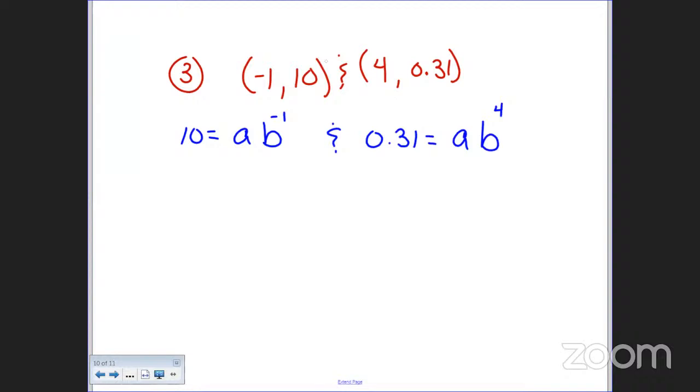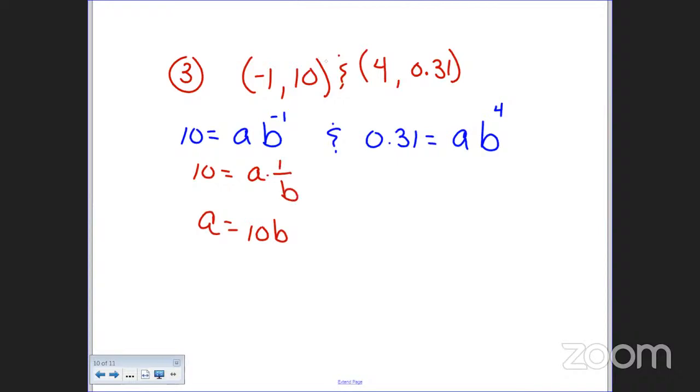Now, I'm going to take this one and solve it for what? A. So here, A would be equal to what? 10B. Correct? Because remember, this is equivalent to this, which is 1 over B. Think of it like that.